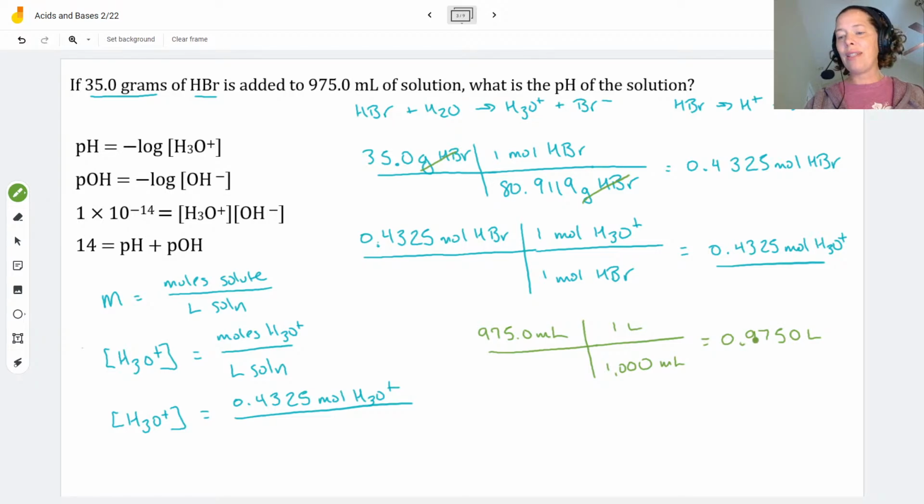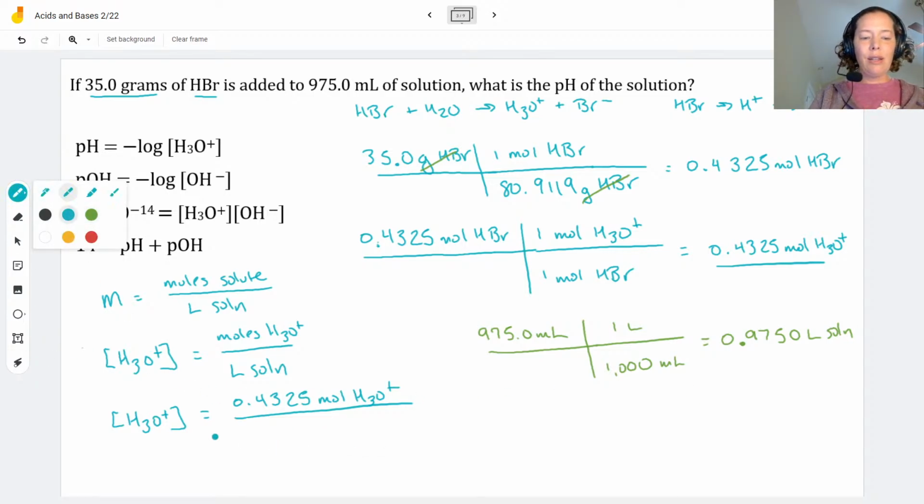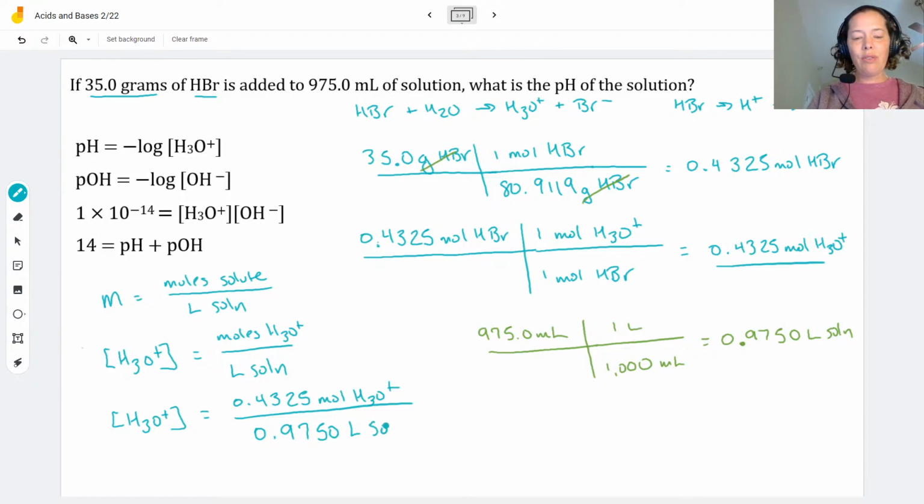And now I have this in liters. So this is liters of solution. Now I can plug that into my concentration, 0.975 liters of solution, and actually get a concentration for my hydronium ion.